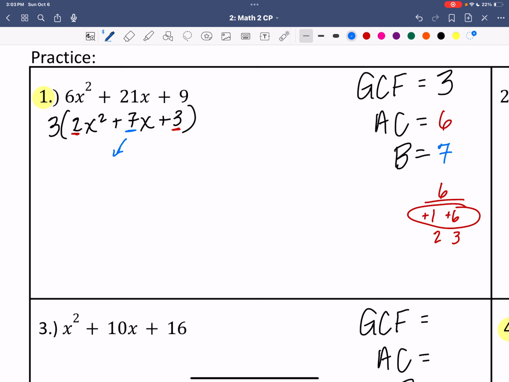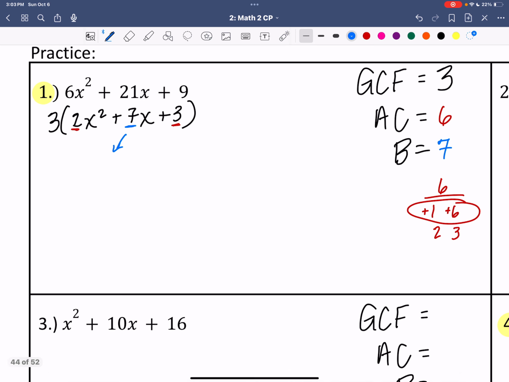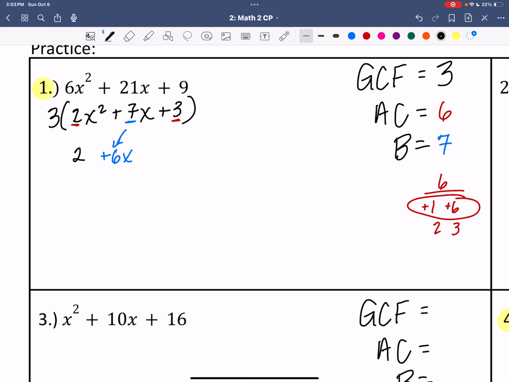And I'm going to pick the 6 is going to go with the 2x, because they're both even, so I know I can factor that out. And I still have my 3 there. And then this is going to factor over here. We said 6 and 1.